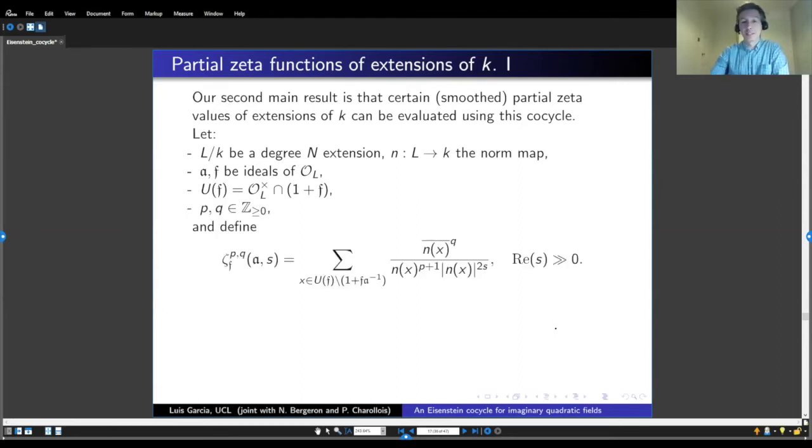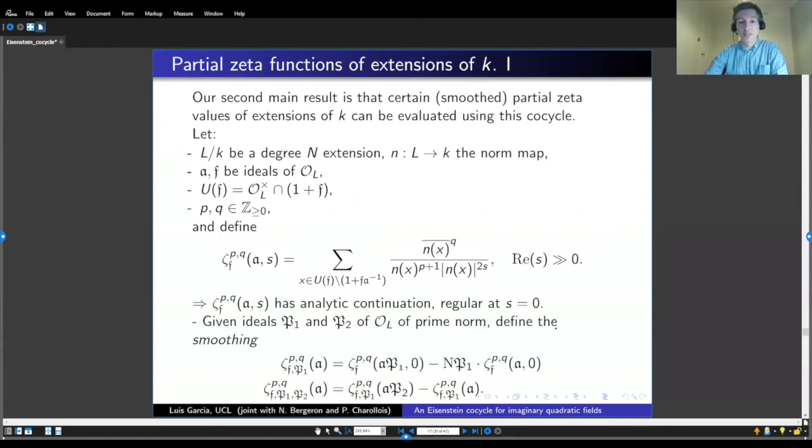And one can define a certain partial zeta function given by this expression here. Again, this has analytic continuation. We care about its value at s equals 0. And moreover, we are going to consider smooth versions of these functions. In fact, we're going to consider a double smoothing.